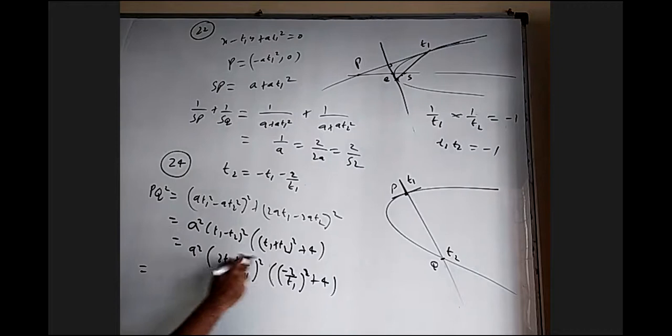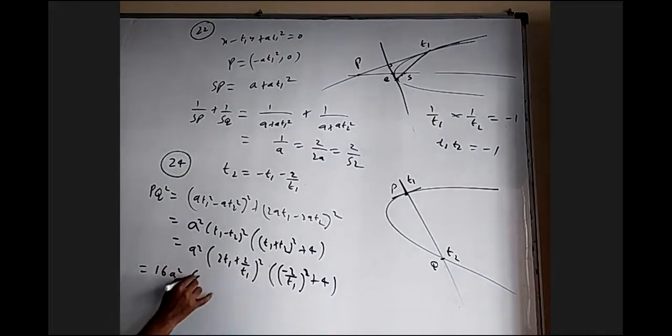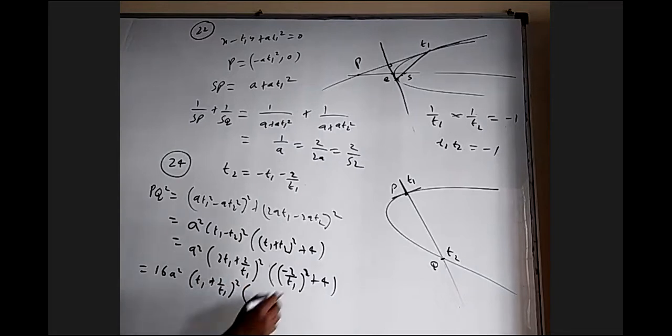4 common here, 4 common here, so it will be 16a² into (T1 plus 1 by T1) whole squared into (1 by T1 squared plus 1). At what T1 will this attain its least value? Let me expand and see what I can do. T1 squared will come and I multiply by 1 plus T1 squared.